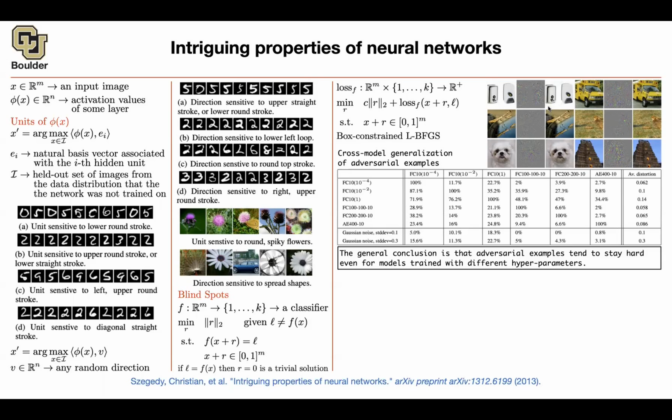We are changing, I think there is one part here that I'm not mentioning. I'm going to mention it in the next session. Even if you change your training data, you train your network on totally different training data sets, it's still going to get confused. There is a high chance that the same adversarial example is going to confuse that network.